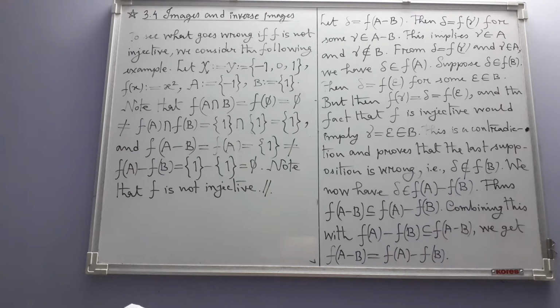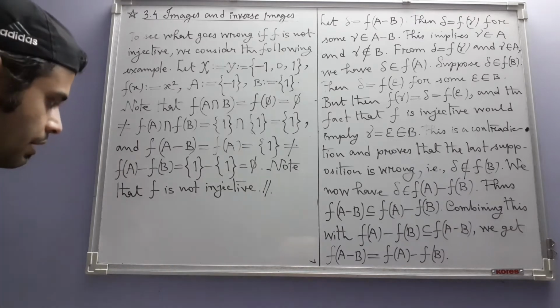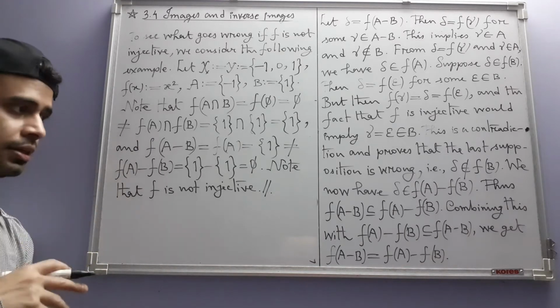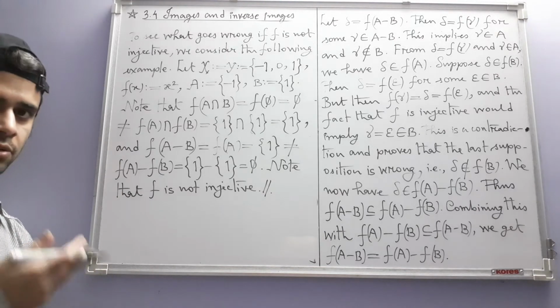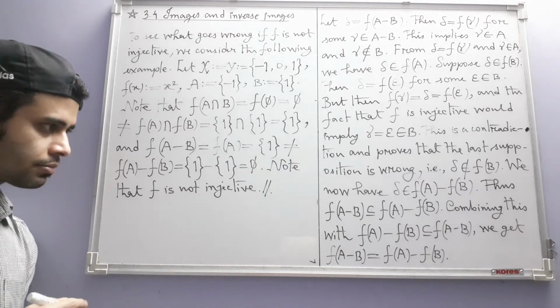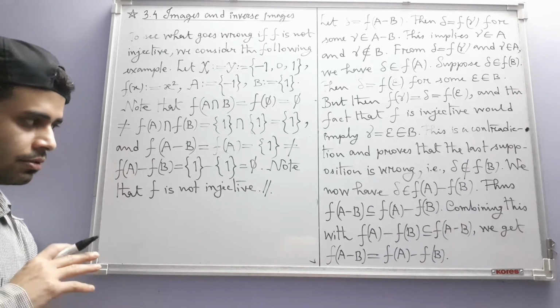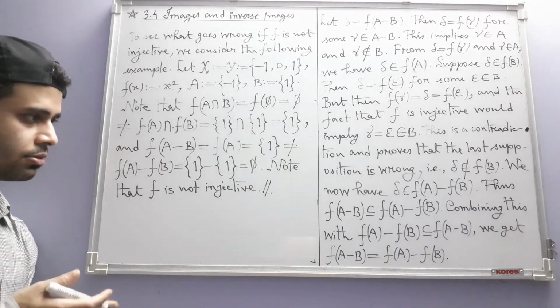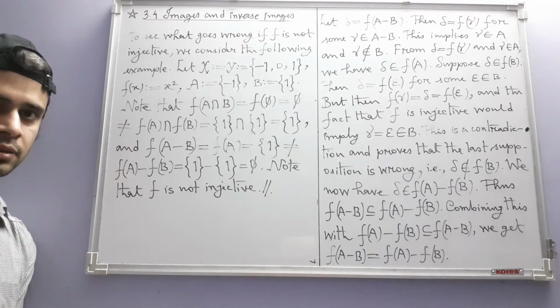Okay, so now we move to the fourth one. The third one shows that as far as direct or forward images are concerned, forward images don't behave so well with respect to the set theoretic operations.